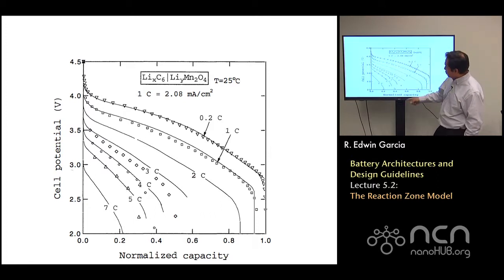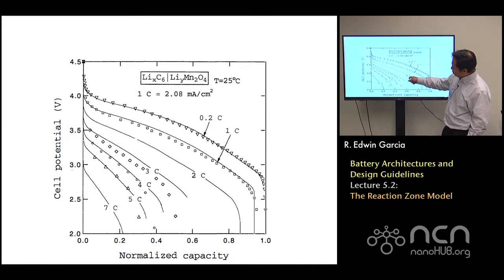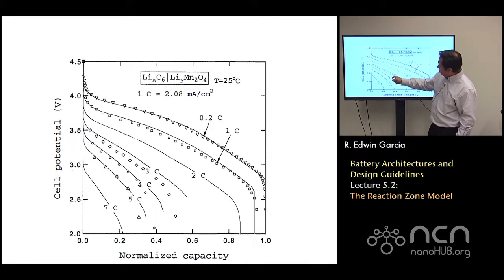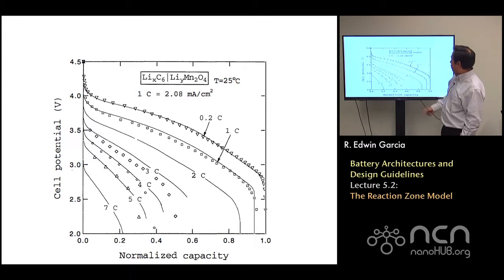You can see 2C, which is 30 minutes, 4C, which is 15 minutes, and so on and so forth. We discussed this plot already in past weeks.